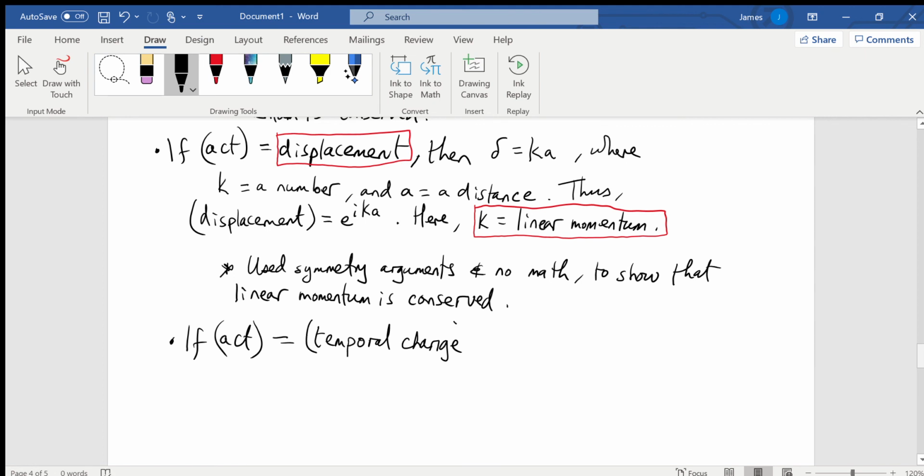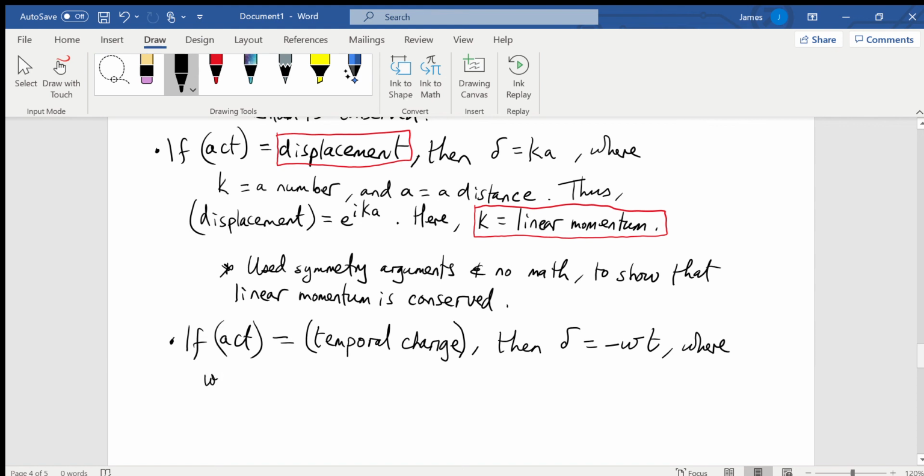A temporal displacement, but it's still two words. Temporal change, then delta is minus omega t, and the minus here for omega, the only way to explain it would be to talk mathy, and the whole point of this video is to try and eliminate as much math as possible. So just accept that it's a convention that omega has a negative sign in front of it.